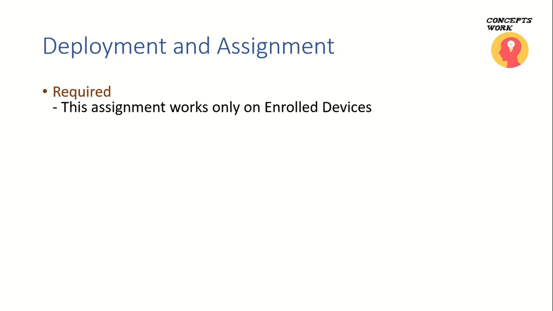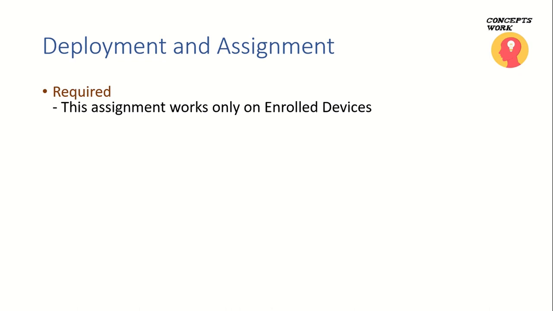Now let's understand what are the different deployment and assignment types available. The first category is required. Now, when I add an application in Microsoft Intune, I can assign that application to a specific set of users. This section is more related to what kind of assignment. So the first category is required.